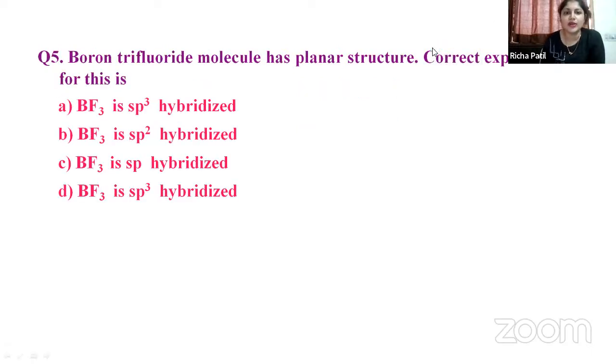Boron trifluoride molecule has a planar structure. What is the correct explanation? We had seen BF3. It has a planar structure. What type of hybridization is it? How many sigma bonds are there? Three sigma bonds are there.